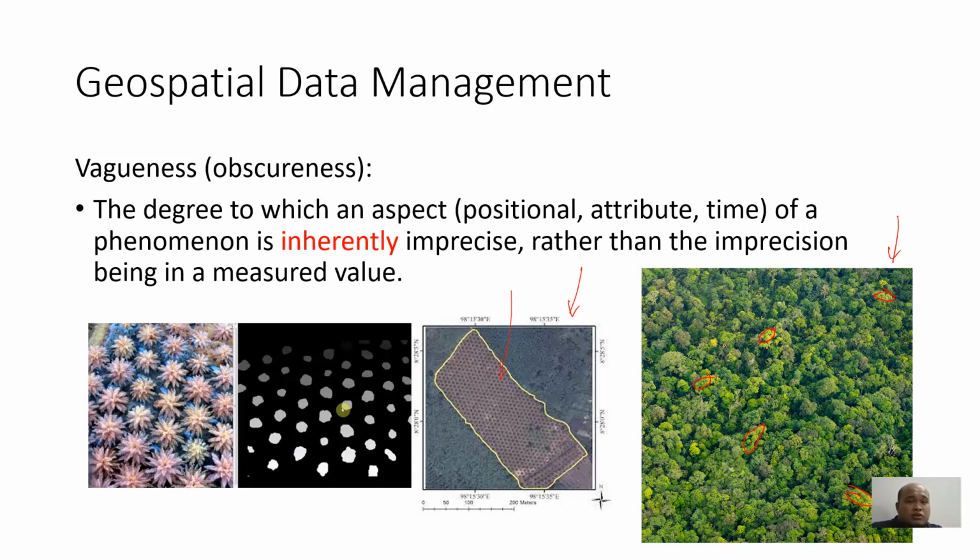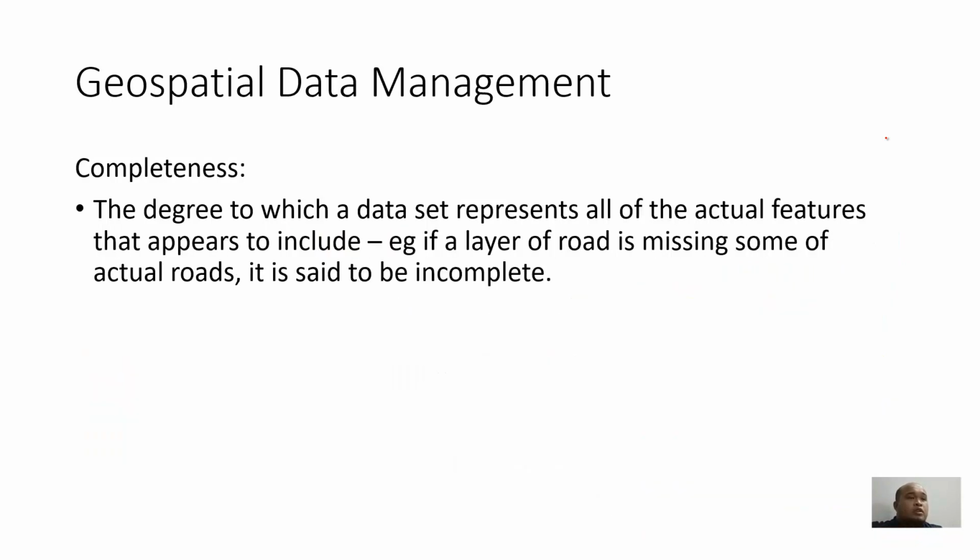Okay, so these are the vagueness or the obscureness of the data. To ensure the data quality is high, it is best to have this kind of data, the palm tree kind of data, not this kind of data. Of course, this is just an example. It can be implemented in many other ways, in many other features, right?